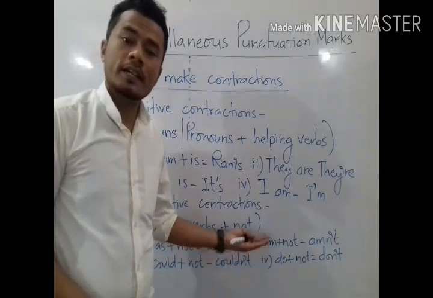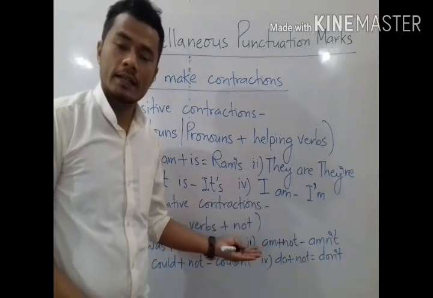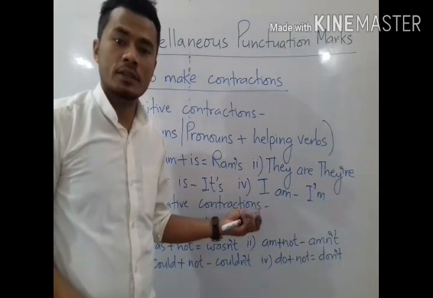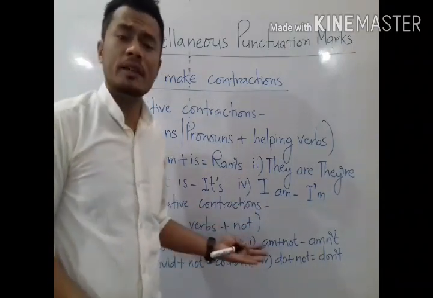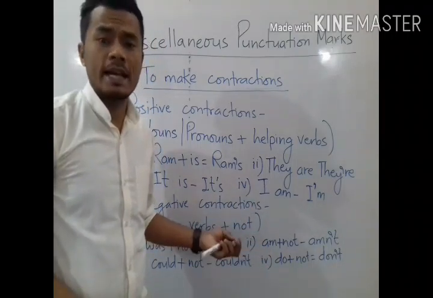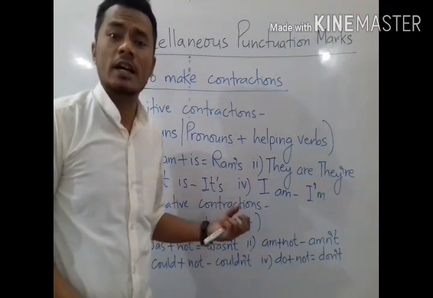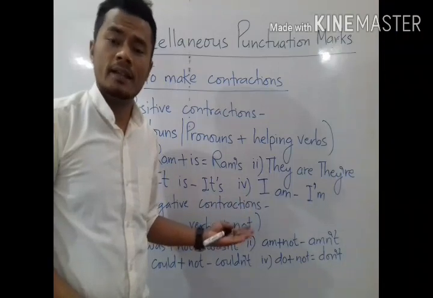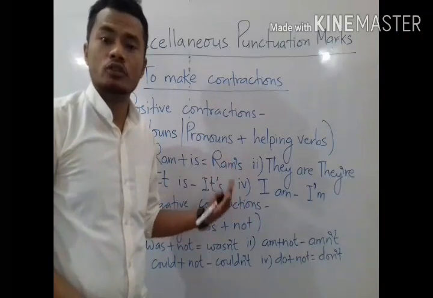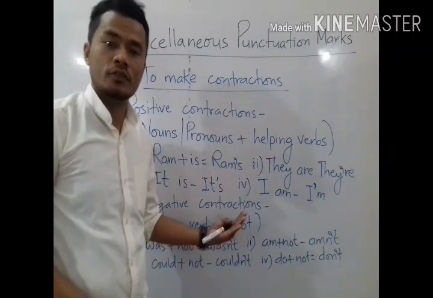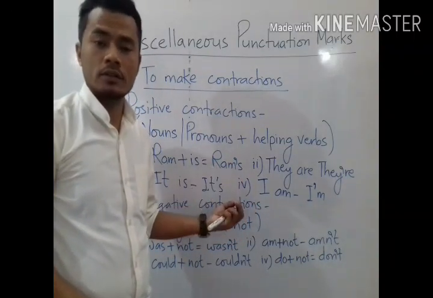Do not becomes don't. There are some exceptions because not all helping verbs follow the same process. Like shall not becomes shan't. S-H-A-L-L shall and N-O-T not becomes shan't, S-H-A and apostrophe T. This is the contraction form of shall not.